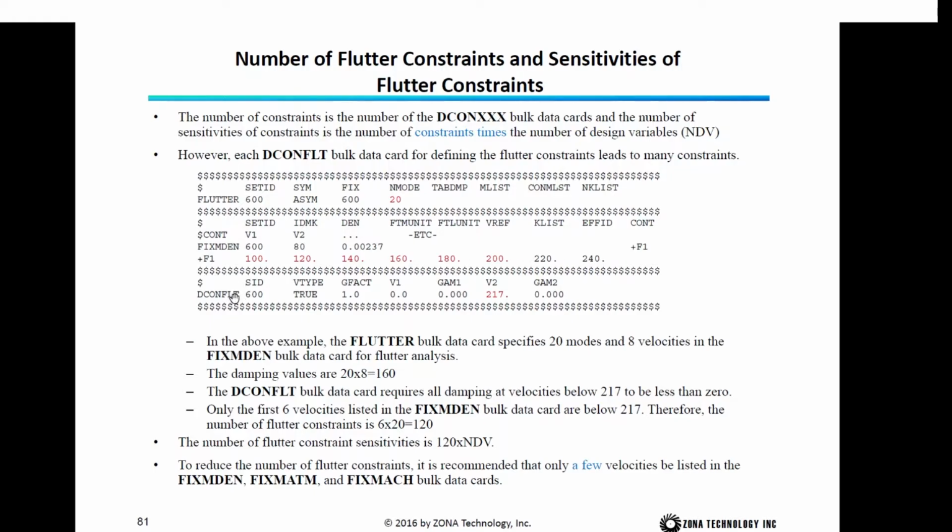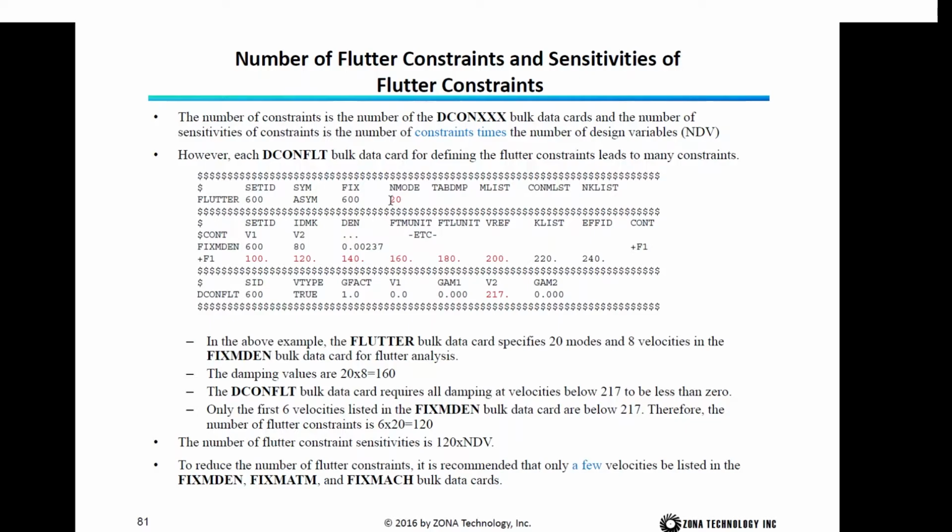Then in the DCONFLT, we define, say, from 0 speed to 217 speed, the damping must be less than 0. Okay, so at each velocity we get 20 damping values because we have 20 modes.